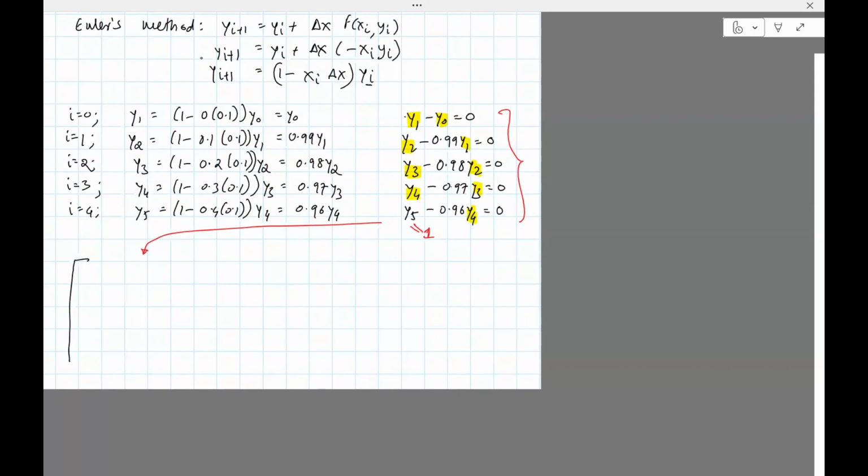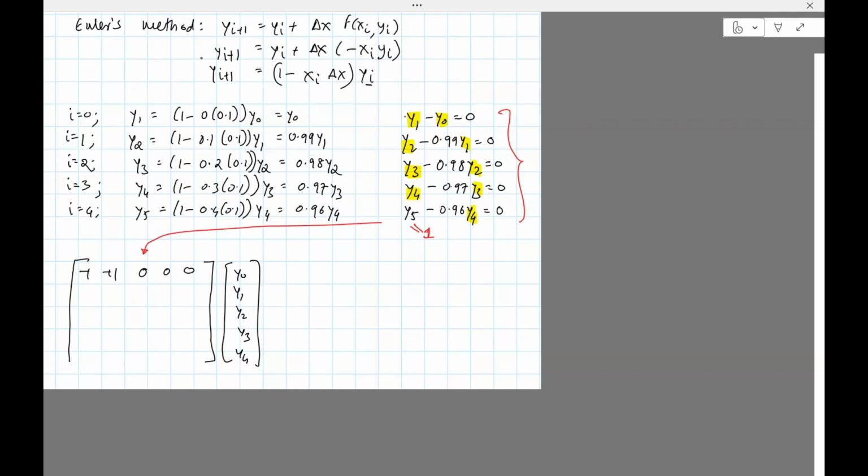So the first one will be an equation like this: y0, y1, y2, y3, y4. The first equation will be minus 1 for y0, plus 1 for y1, and there'll be 3 more zeros.